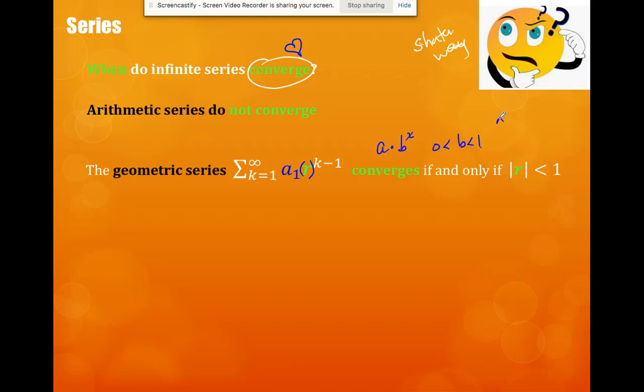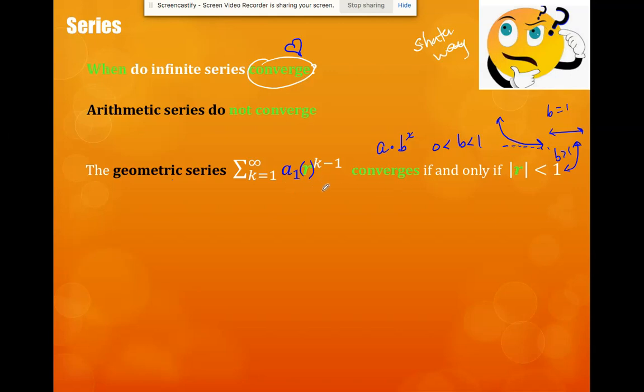Then I had a slide towards a horizontal asymptote of 0. If b was equal to 1, right? Meh, flat line. If b was greater than 1, swoosh off to infinity.